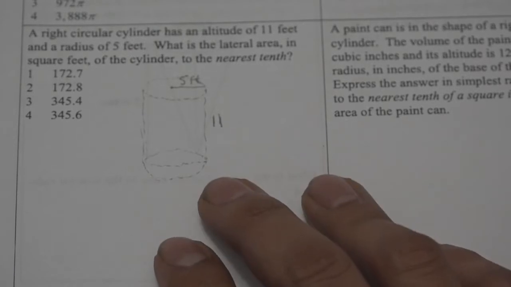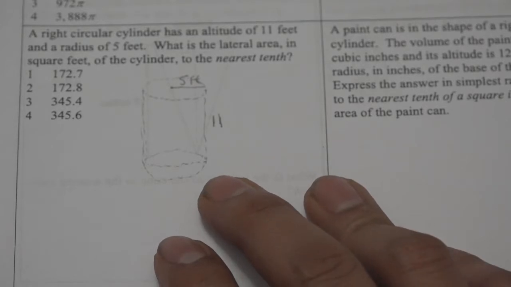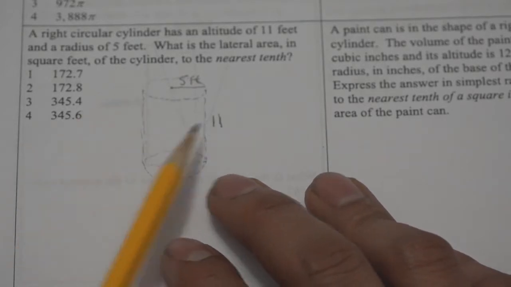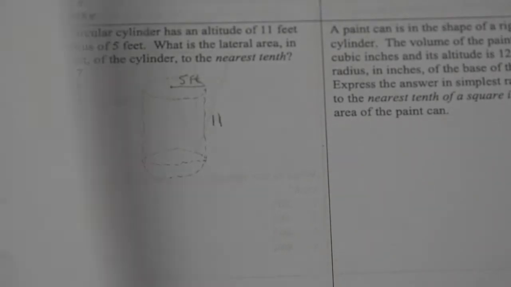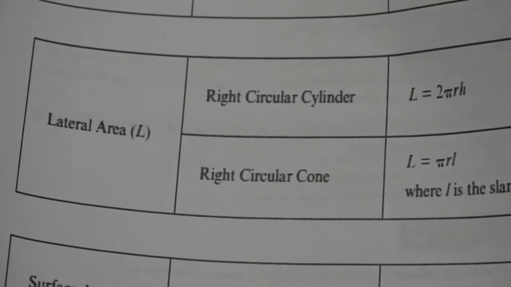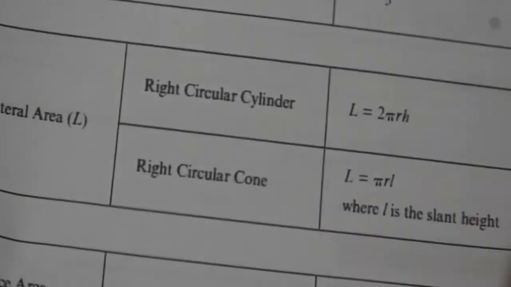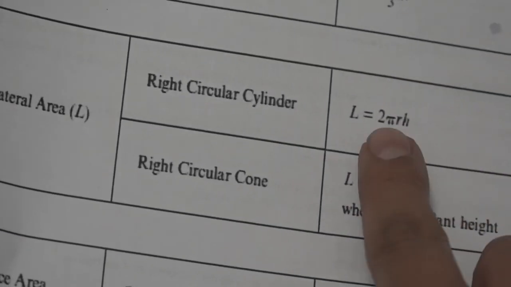So we know that the radius is 5, and we know that the height is 11. So let's figure out how to find the lateral area. So I'm gonna refer back to my little formula right here. It says the lateral area of a right circular cylinder is 2 pi r times h.